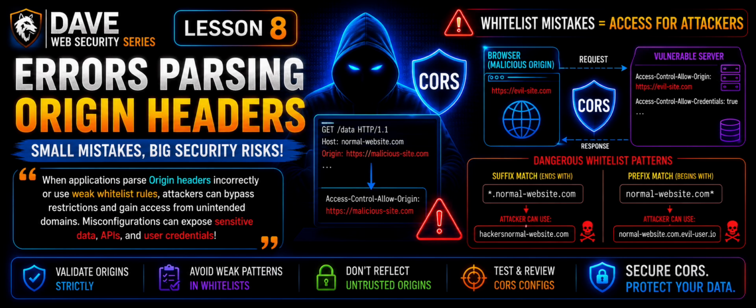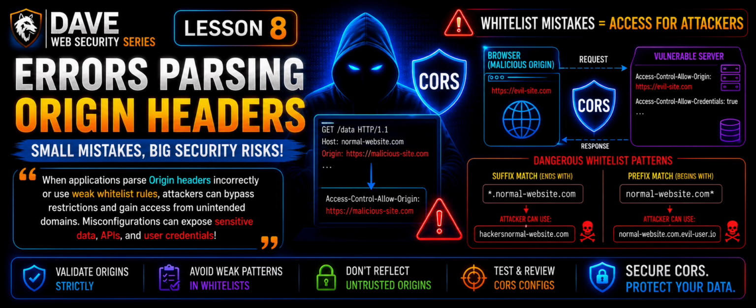Mistakes often arise when implementing CORS origin whitelists. Some organizations decide to allow access from all their subdomains, including future subdomains not yet in existence. And some applications allow access from various other organizations' domains including their subdomains. These rules are often implemented by matching URL prefixes or suffixes, or using regular expressions. Any mistakes in the implementation can lead to access being granted to unintended external domains.